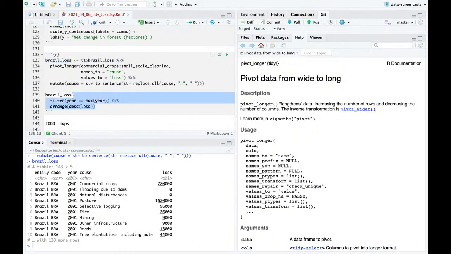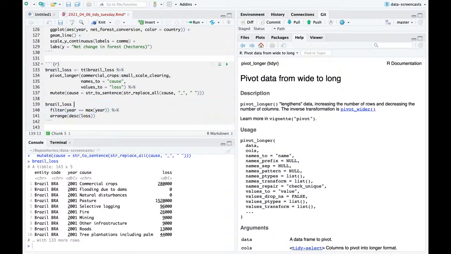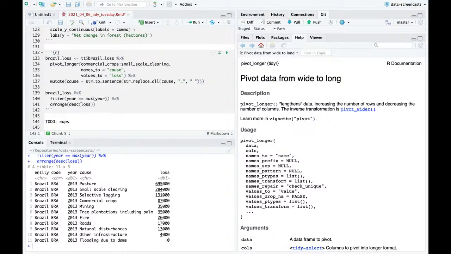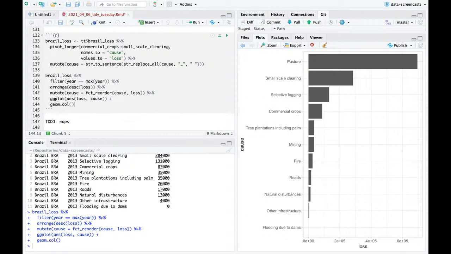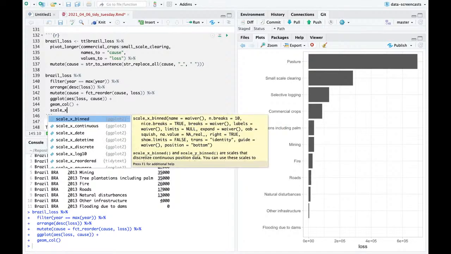And then I can answer any question. I can start by saying, in 2013, what are the largest sources of loss? Here we go. And why is that helpful? Well, I can take loss by cause, geom col, and here's the loss in hectares by cause in 2013.